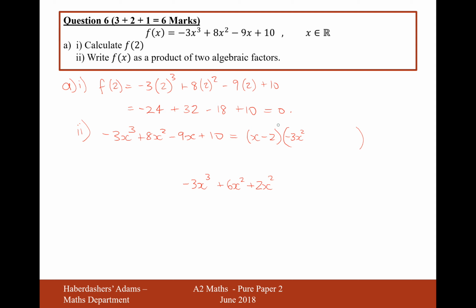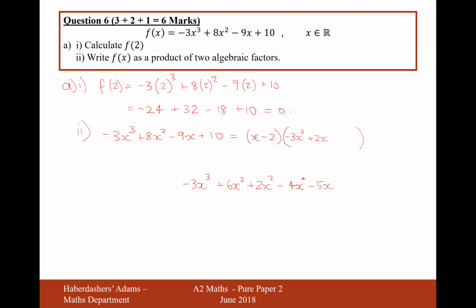Now, what can I times x by to give me 2x squared? Well, that will be plus 2x. So when I expand the brackets, that will give me my 2x squared. Then it will be minus 4x that will multiply out from the other one. I don't want minus 4x, I want minus 9x, so I'll have to take away 5 more x's.